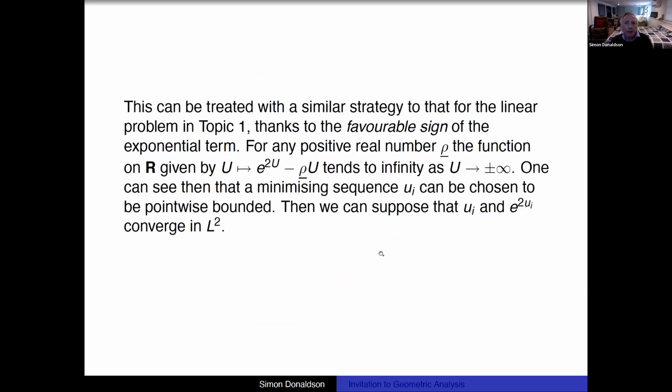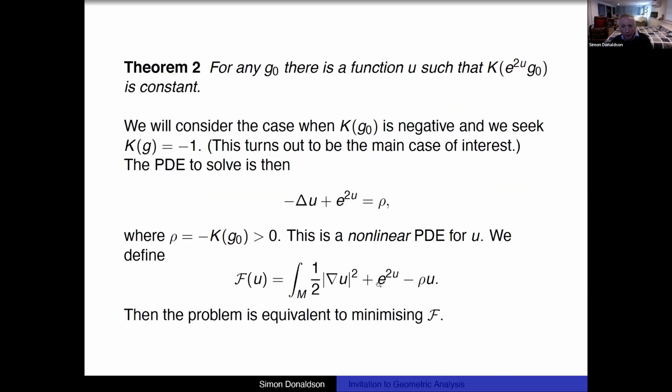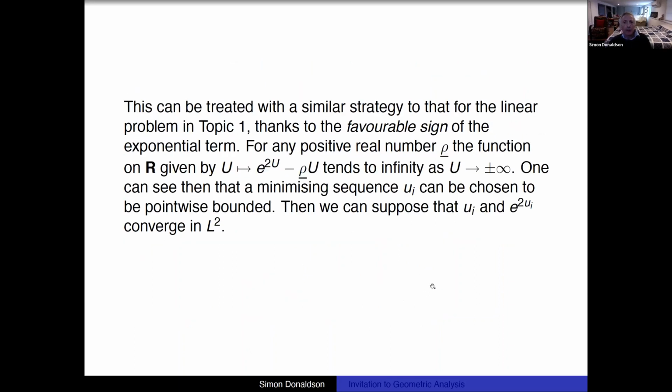If we consider this expression at a given point, it involves the value of rho at this point, which is some real number. So let's consider, for any given fixed positive number, say underline rho, the function e to the 2u minus underline rho times u.